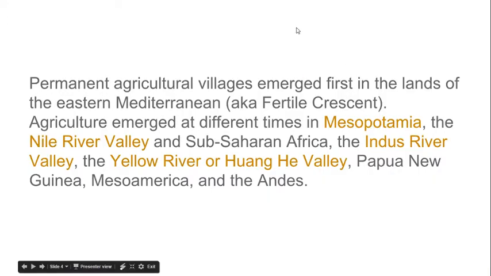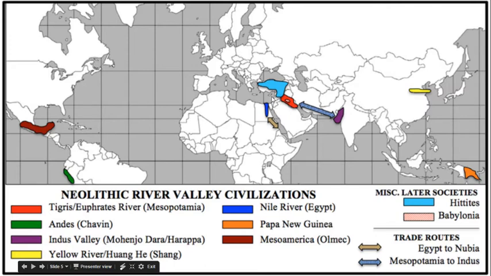So the first place where the idea, the invention of agriculture takes place is the region we call the Fertile Crescent, which is in the eastern Mediterranean, right over here. It includes places like Mesopotamia, Turkey, and Egypt, right? Mesopotamia is what we now call Iraq.